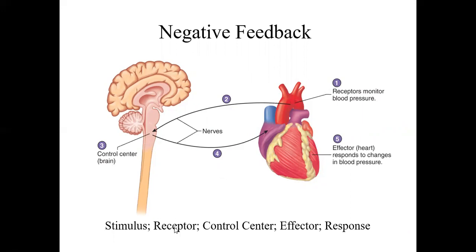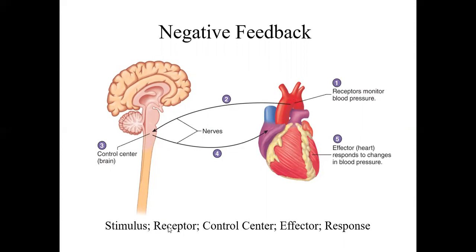The receptor is what's receiving or monitoring that information. For blood pressure, you have special receptors located here in the aortic arch, in this vessel, detecting and monitoring your blood pressure. Let's say something happens and you go out of homeostasis a little bit.